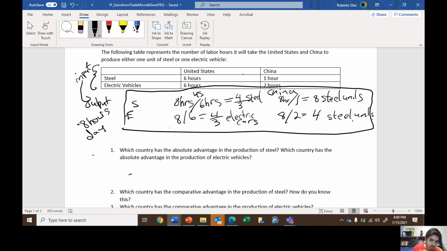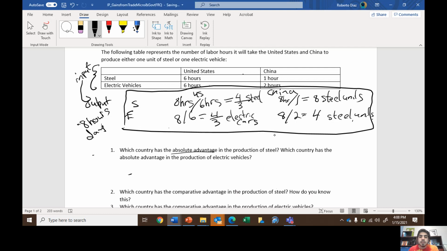So which country has the absolute advantage in the production of steel? We can think about this using the input data, but we can also just use this table to help us solve absolute advantage.